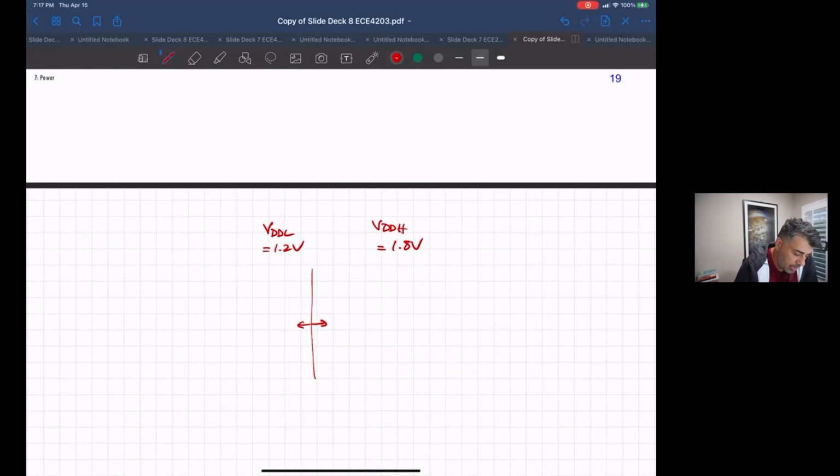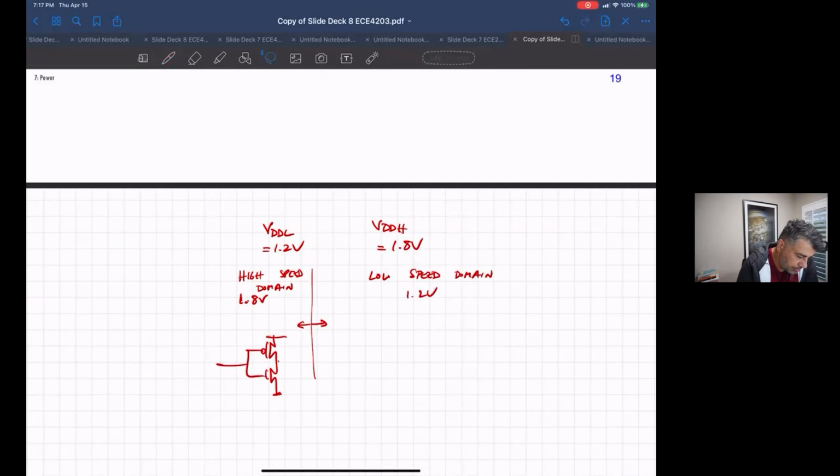Let's say you have a high-speed domain running on 1.8 volts and a low-speed domain running on 1.2 volts.